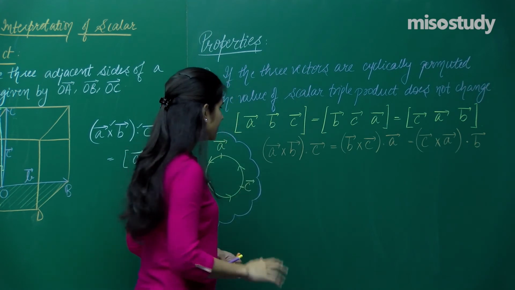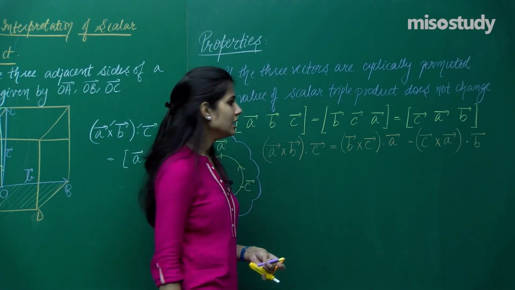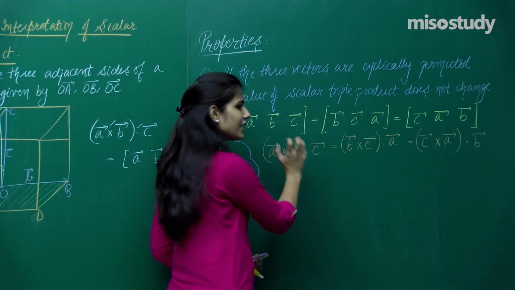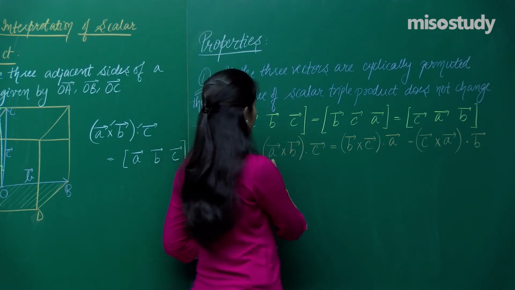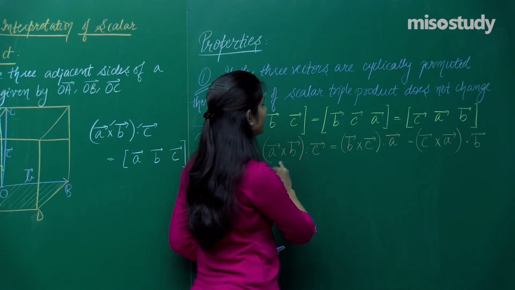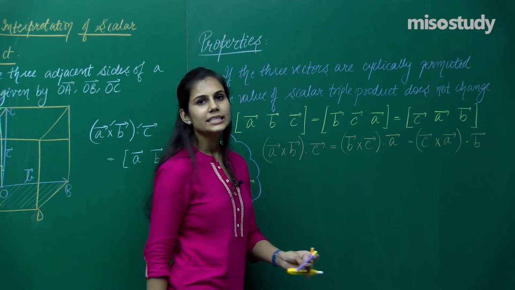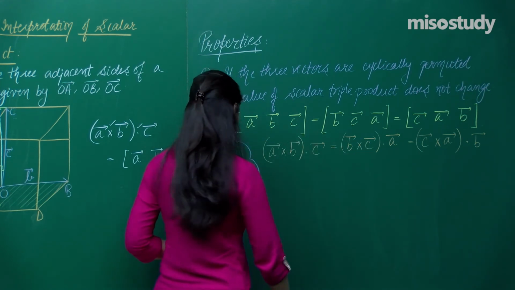So what this is in a way trying to tell you is that you can interchange the dot and the cross sign provided the cyclic order is not disturbed. So A cross B dot C can be written as B cross C dot A, can be written as C cross A dot B. All these are going to give you the exact same results.